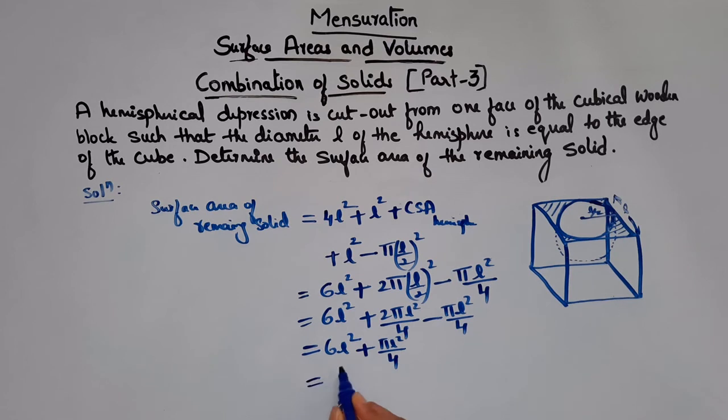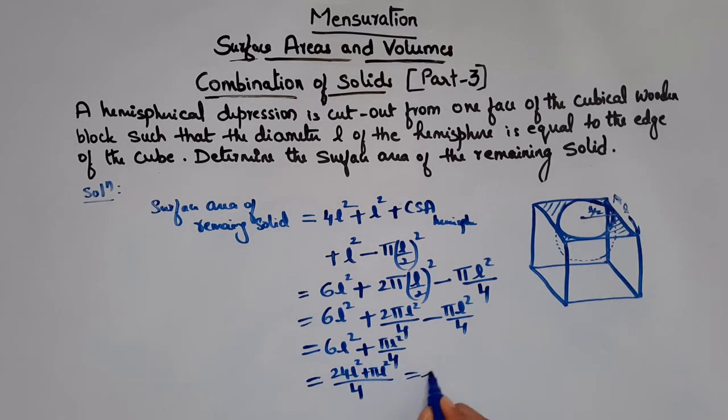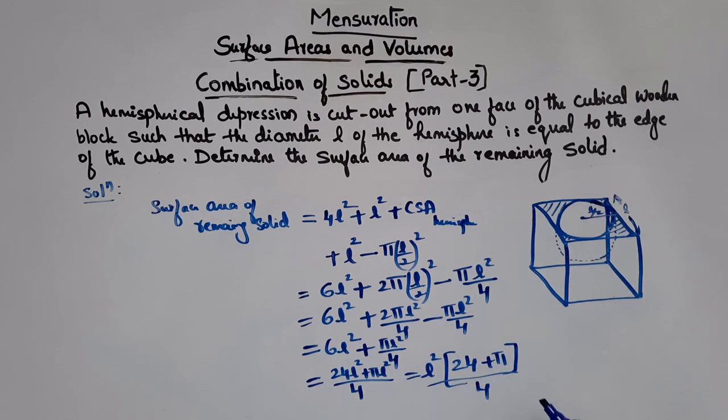Which is equal to, here 4 is the LCM, 6 4s are 24, so 24 L square plus pi L square by 4. Here L square is common, we can keep that out. So we are left with L square into (24 plus pi) by 4 square units. Here the unit is not given, so square units.